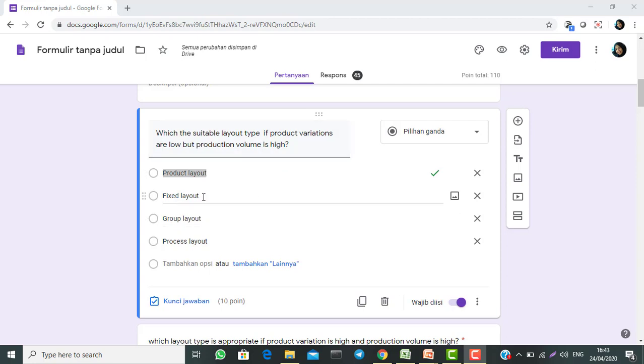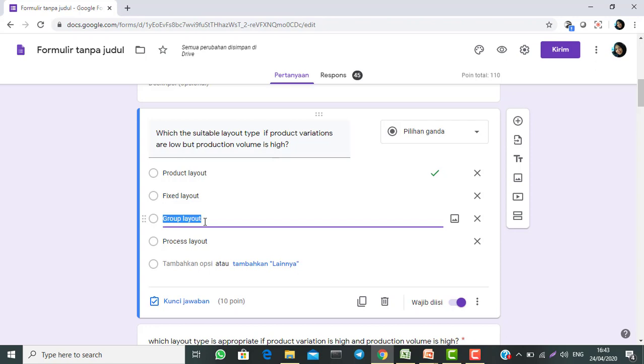A fixed layout can be used for bulky items and very big volumes, but the variations tend to be low. For group layout, you can use it if the variation is very high and the quantity is medium to high.